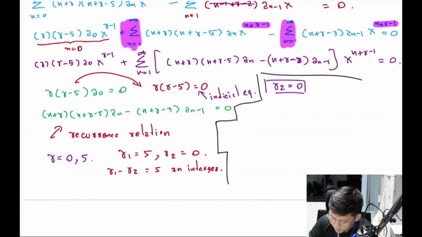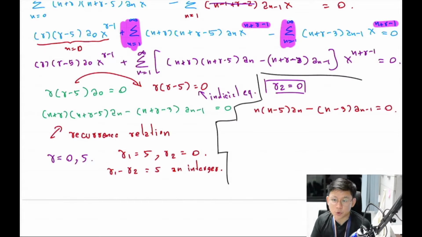relation is going to be n(n minus 5) an minus (n minus 3) an minus 1 equals 0. But guys, the difference is here.